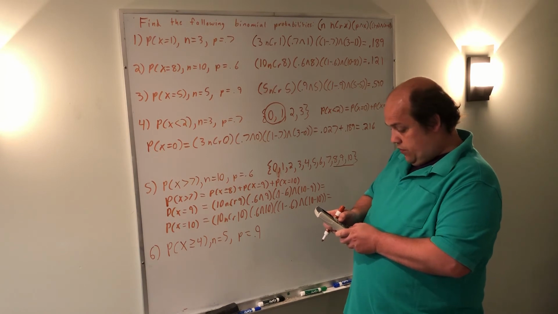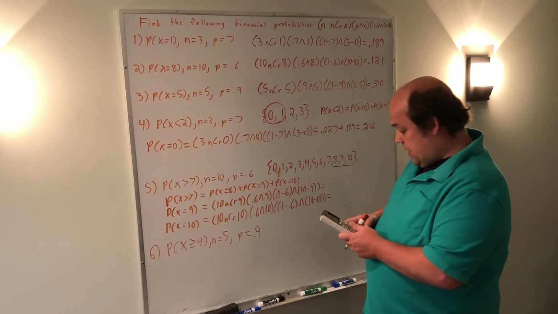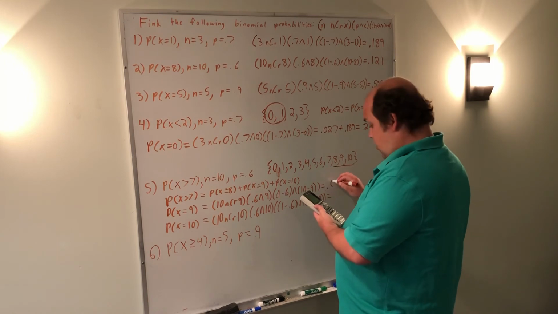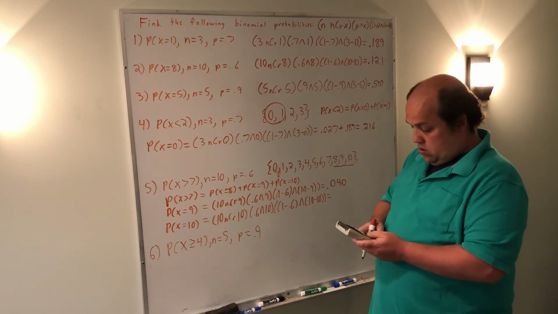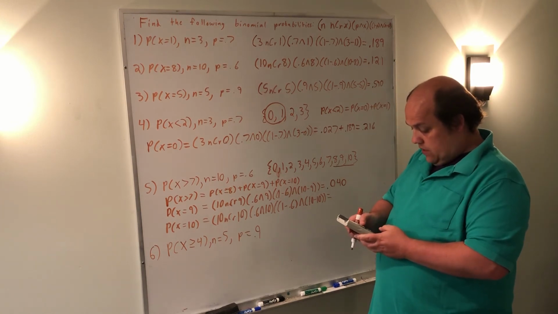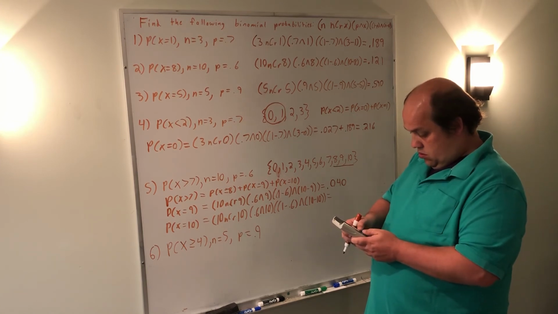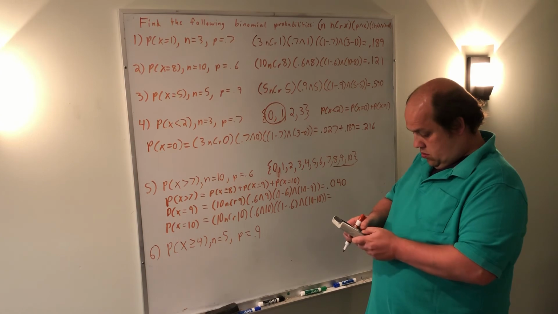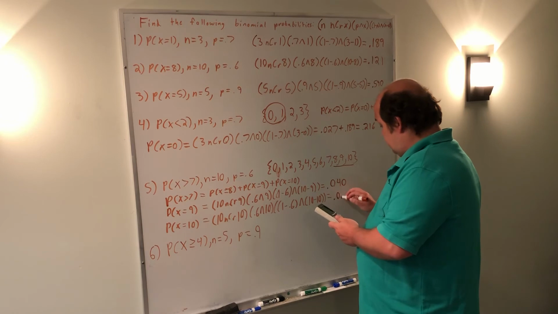So I'm going back and putting in first for 9. When I do that, I get 0.0403, which I'm just going to call 0.04. Then when I do the same thing for 10, I get 0.006.